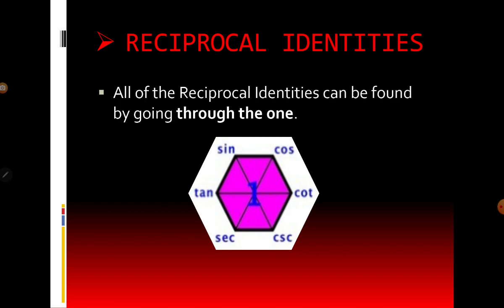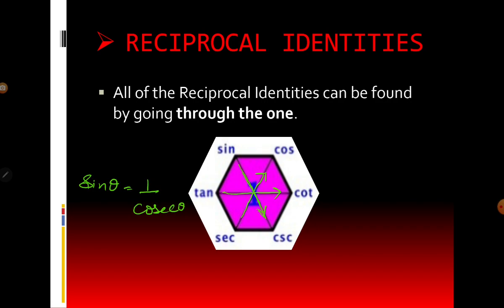All the reciprocal identities can be found by going through 1. Now I put one arrow: I'm coming this side, going through 1, and I get the reciprocal of this function. I have here sine theta. Going through 1, I got sine theta is 1 by cosecant theta.